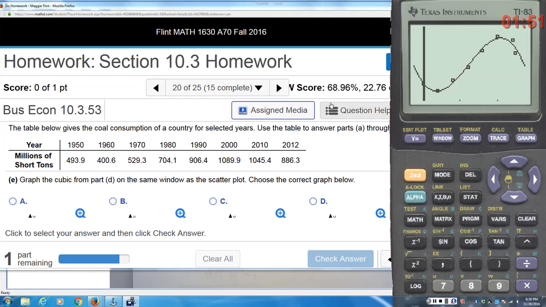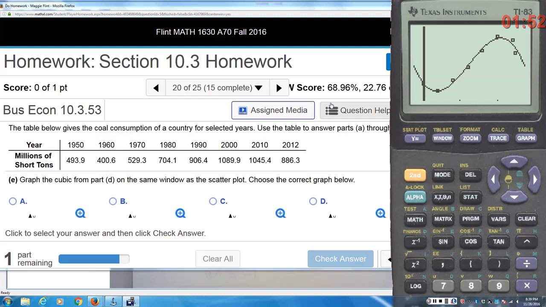Now, here's what you do. Hit second and enter, Tarina. Just hit the second button and the enter button on the home screen. Okay, what does it say? The cubic regression, y1, y2. Put a comma. Can we do the list 1, list 2 then? Usually it will.